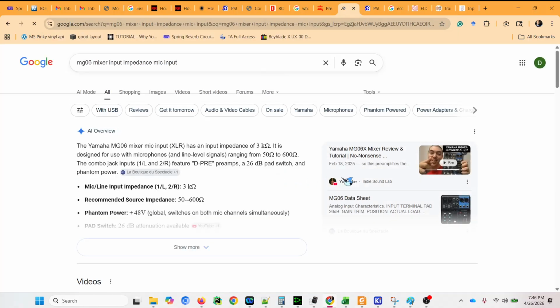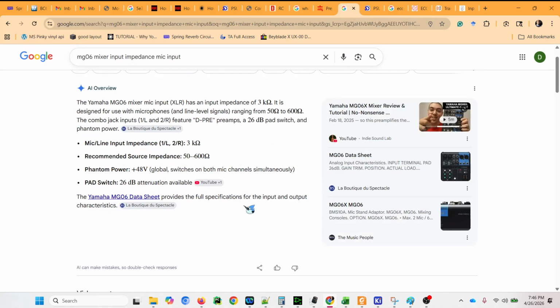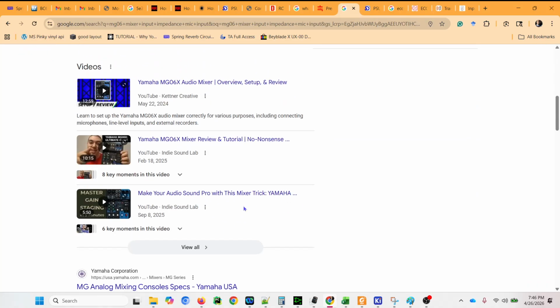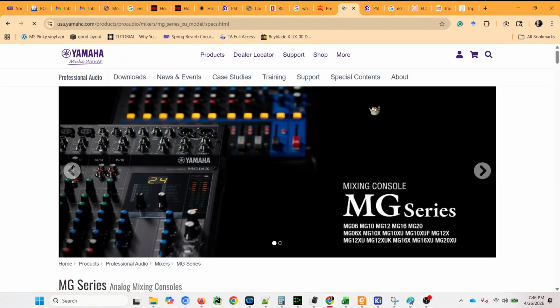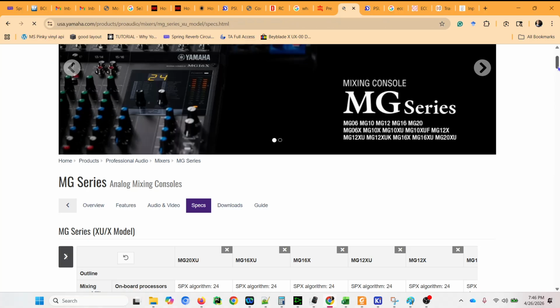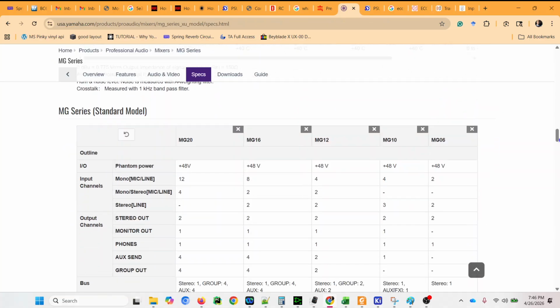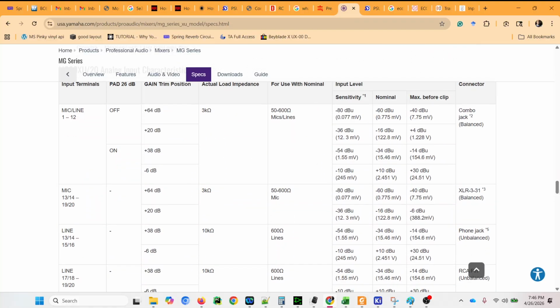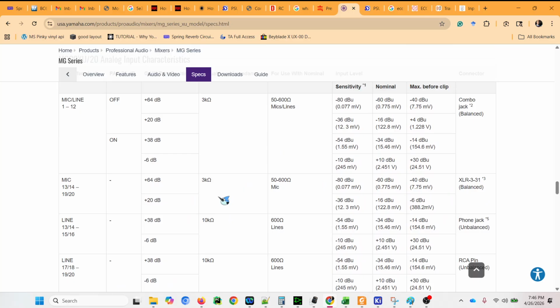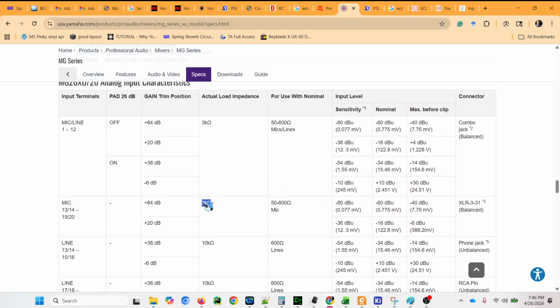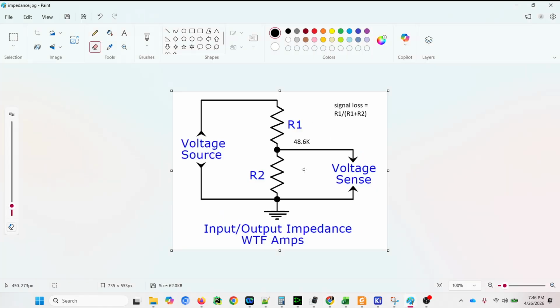I'm going to scroll down. It's going to bring me to the specs for their mixing consoles, and we're going to find that information quickly. It says for the mic inputs, the input impedance is going to be 3K. So what we're going to put down here for our R2 is 3K.